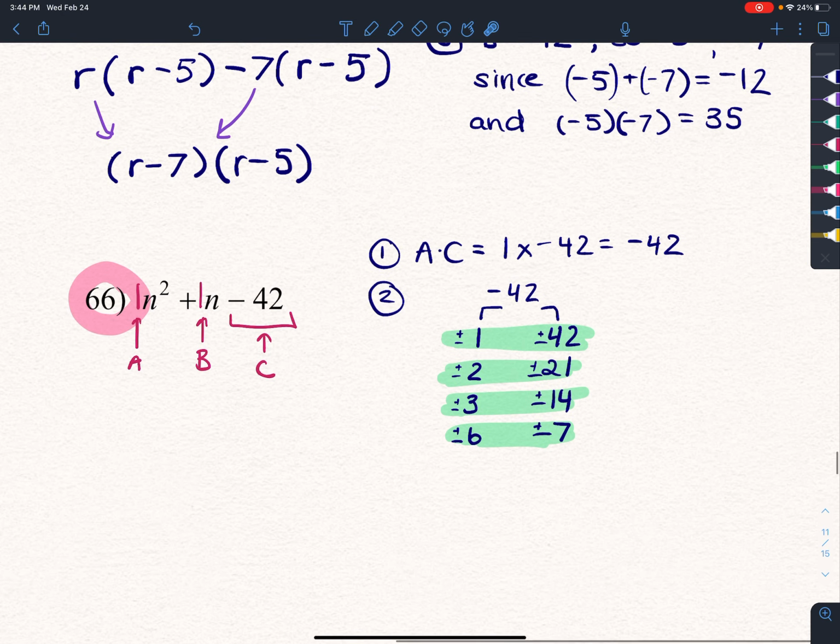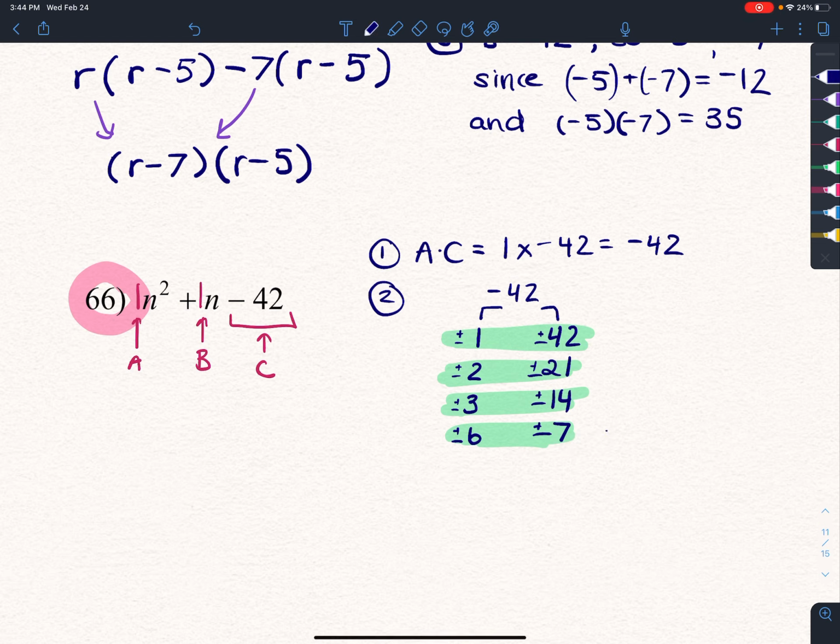So since when we multiply, we're getting back a negative number, that means that one of these that we choose is going to have to be positive, and then the other one is going to have to be negative. So just looking at, we get a 1 left over. And the only thing that really works here is 6 and 7.